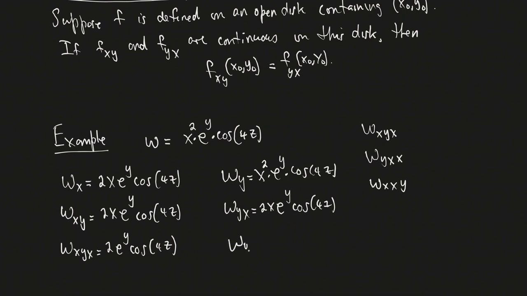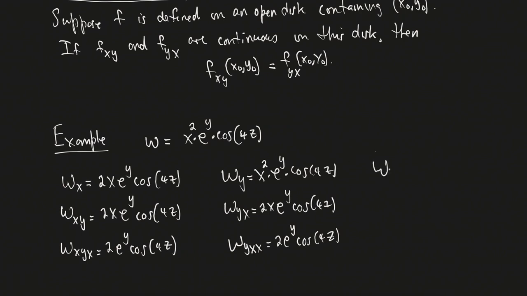So w sub y x x. So differentiating with respect to x, the 2x becomes 2, we get the e to the y, and then we bring down our cosine of 4z, right? Let me go ahead and take these off now and just say, so we're going to do w x x y.